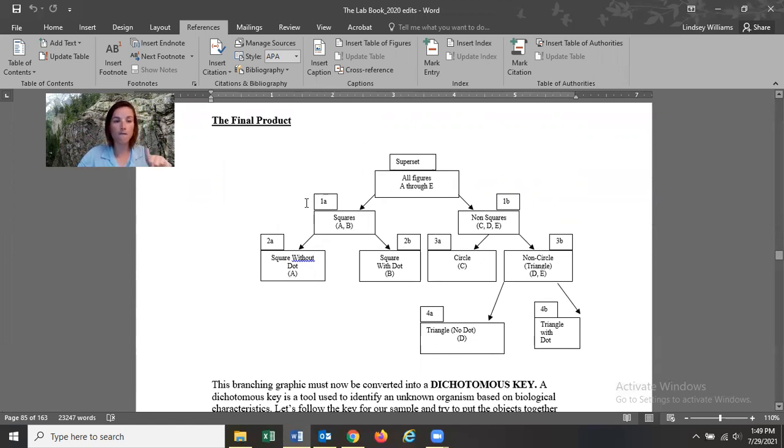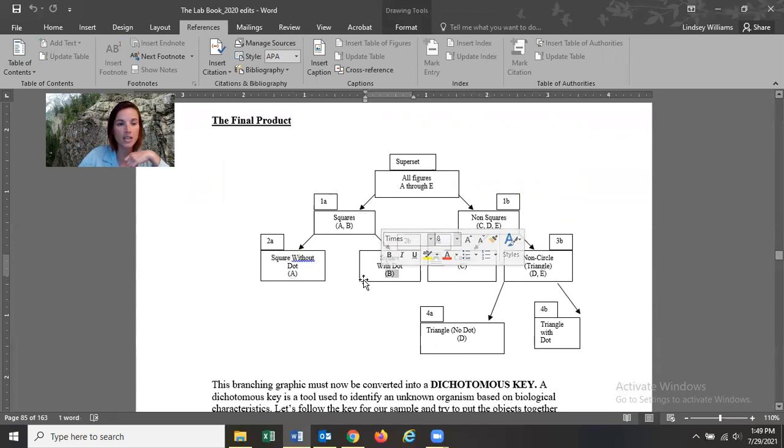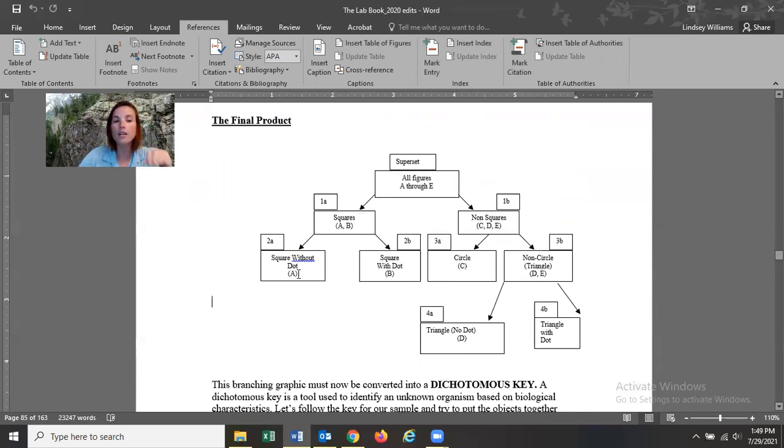We label our first breakdown 1A and 1B. Our second breakdown 2A, 2B. We have the characteristic, square without dot versus square with dot. We have only one shape that belongs in that box without a dot, A, and only one that belongs in the box with a dot, B.